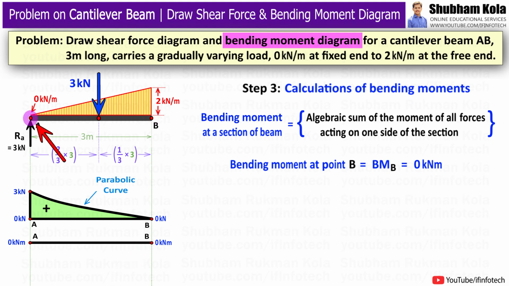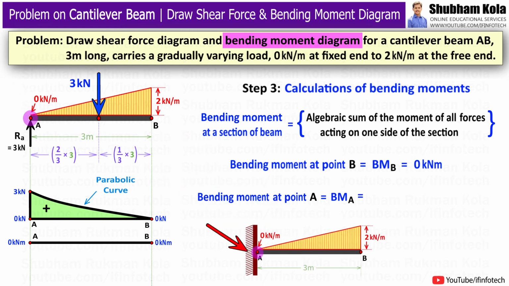So now we have to calculate bending moment at point A. So here, in case of a cantilever beam, while you are doing the calculation for bending moment at a particular point, you should always add moment of all the forces present from the free end of the cantilever beam up to that particular point at which you are calculating the bending moment.